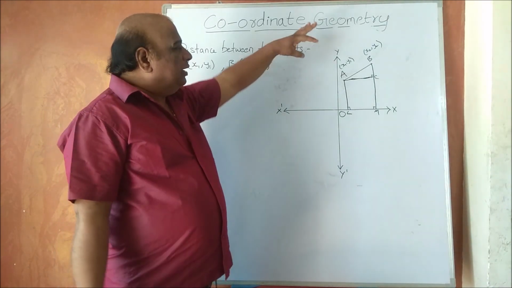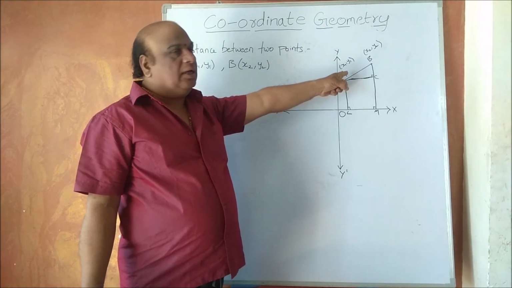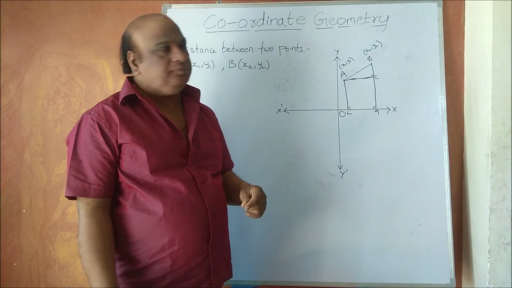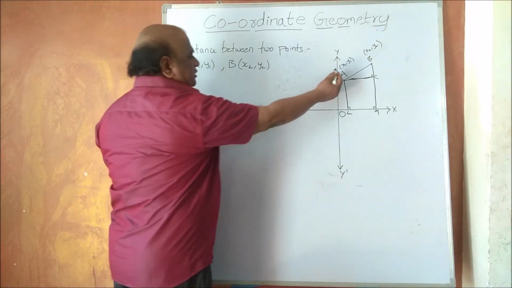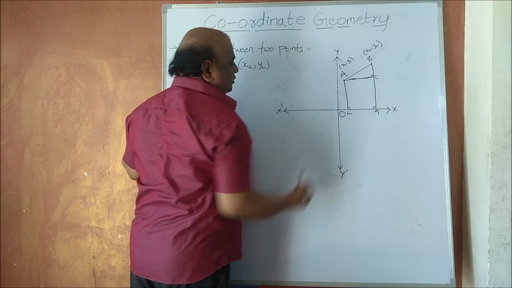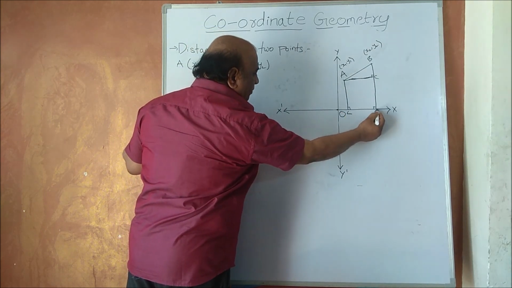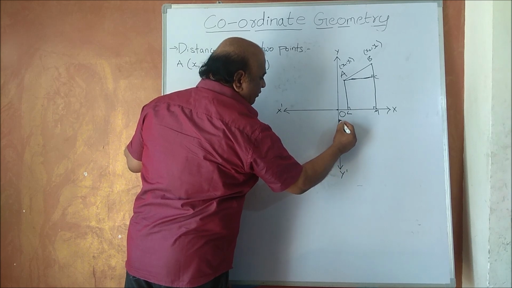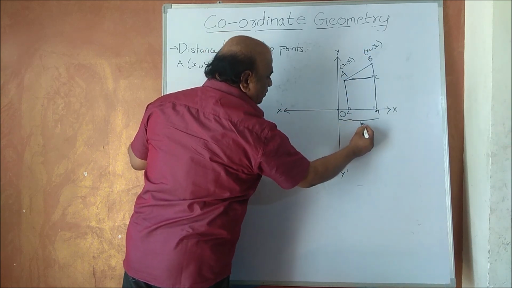AB is a side of the right angle triangle. How to find the length of AB now? Here you see x1, y1, x2, y2. Here this is O, this is M. What is the distance between O and M? It is x2.